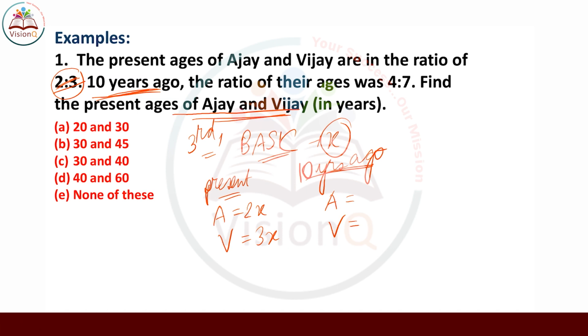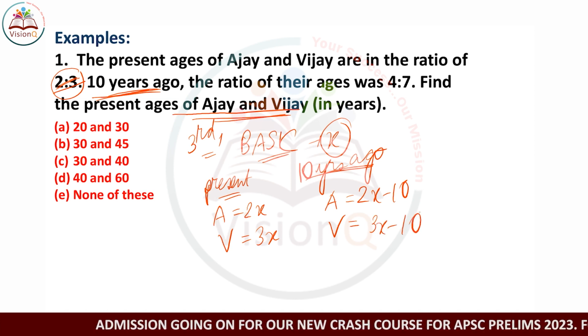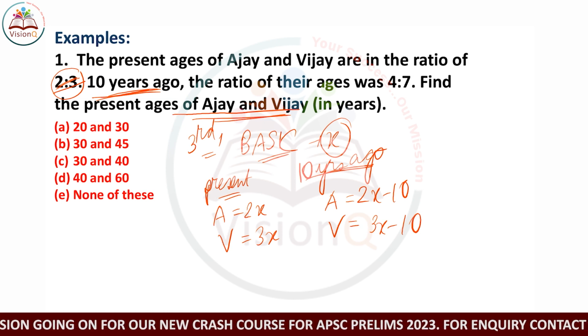Now if in the present, the age of Ajay is twice X years, then 10 years ago, that means in the past, the age of Ajay becomes how much? Twice X minus 10. If in the present, the age of Vijay is thrice X years, so 10 years ago, the age of Vijay becomes how much? Thrice X minus 10.